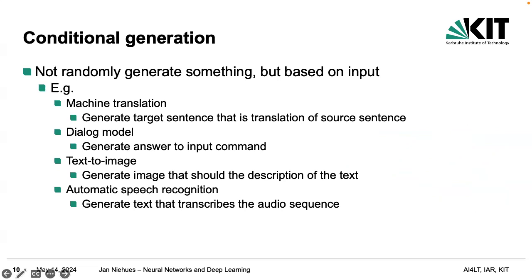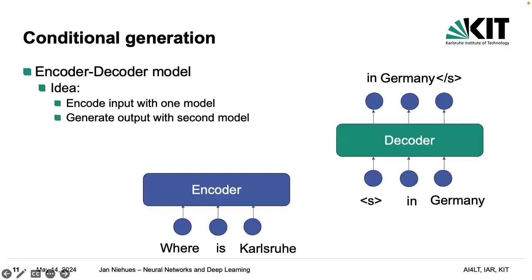And for this type of conditional generation, you can combine what we have learned before either into what is referred to as encoder-decoder models or into decoder-only models. So let's start with the encoder-decoder model, because it's quite nicely there. If you have a question, "Where is Karlsruhe?", then you want to generate the answer "in Germany," but the answer is generated based on the input you have.